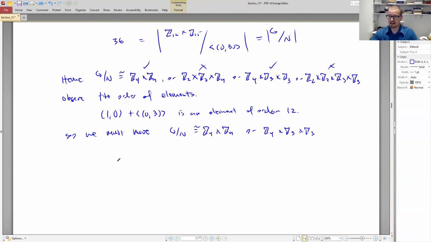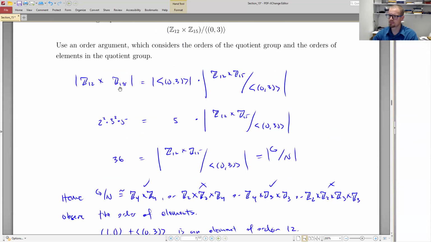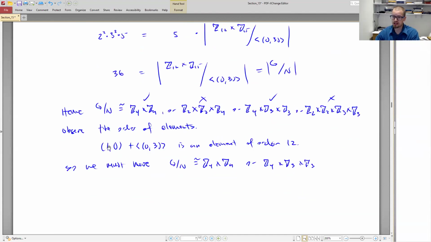So what can I do? Well, I've collapsed my direct product by 5. So what happens is elements are going to either stay the same order, or their order is going to be divided by 5, compared to the original elements in this direct product. So this element here, the order of it didn't change.